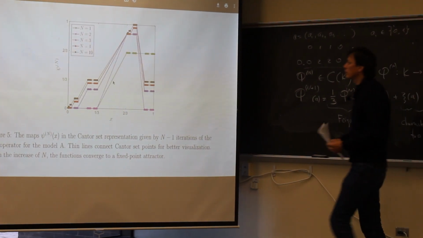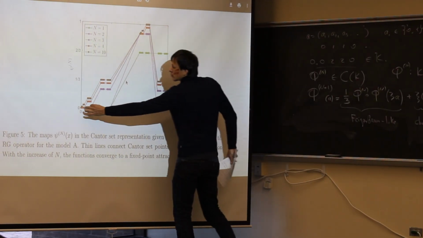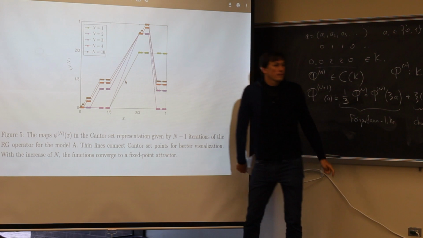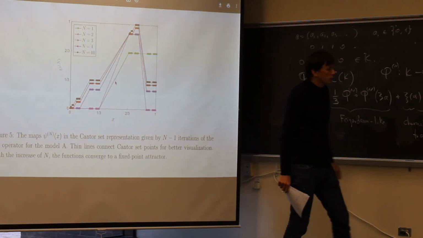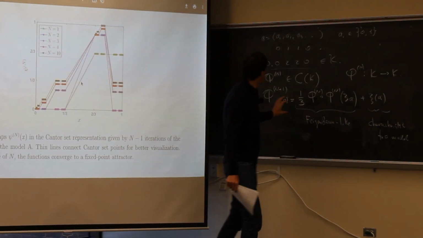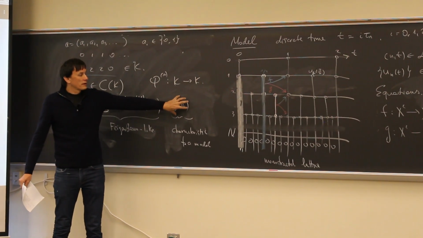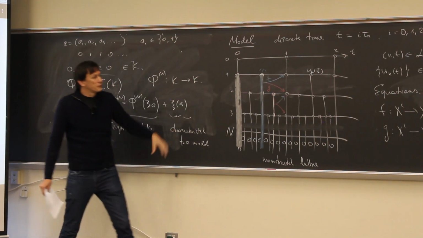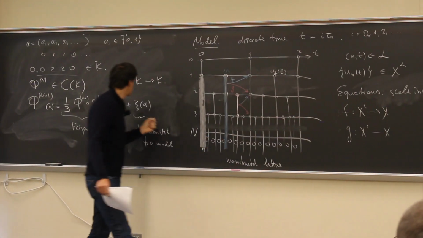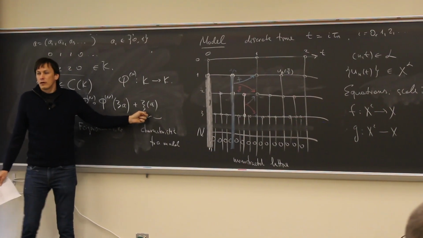You can see visually that it converges, and actually you can prove it in that case. You can prove that there is a global attractor, so there is a fixed point of this operator for the example A. Example means that I define psi. The difference between models is just different psi.